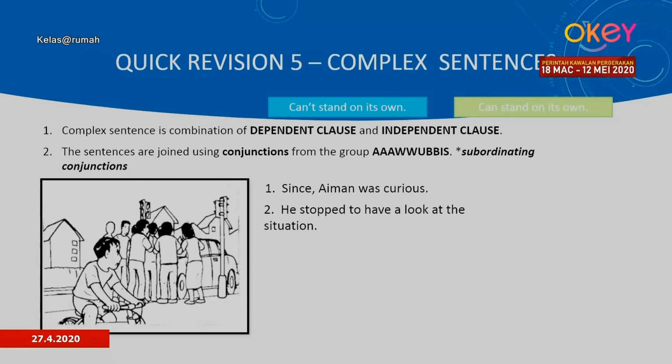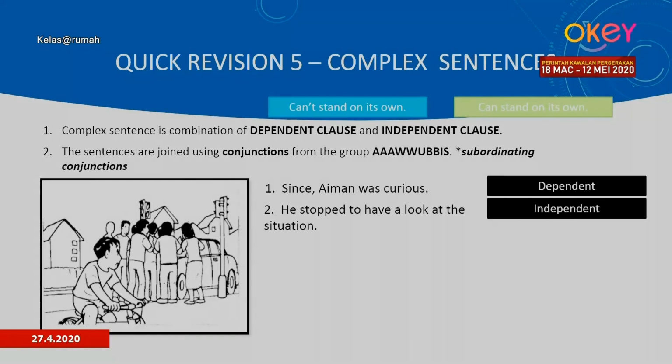It needs a supporting sentence to make the idea complete. This is known as a dependent clause or dependent sentence. On the other hand, sentence number 2, he stopped to have a look at the situation, could stand on its own.